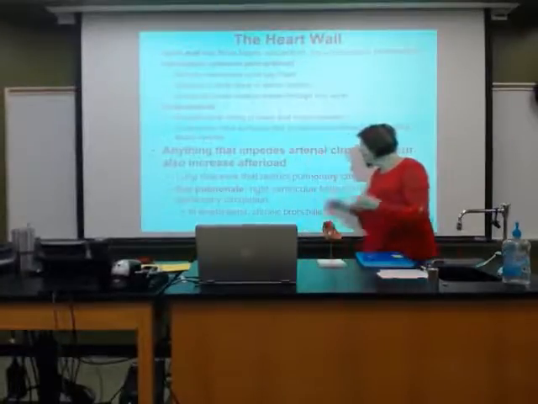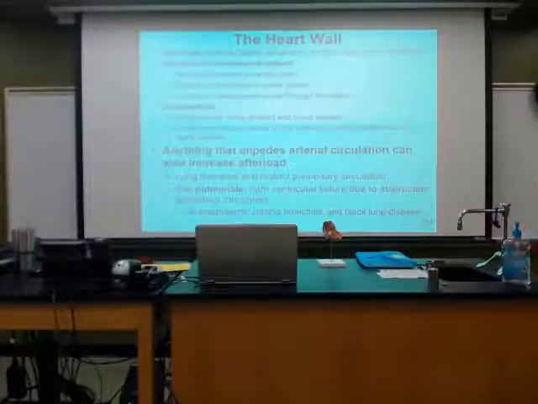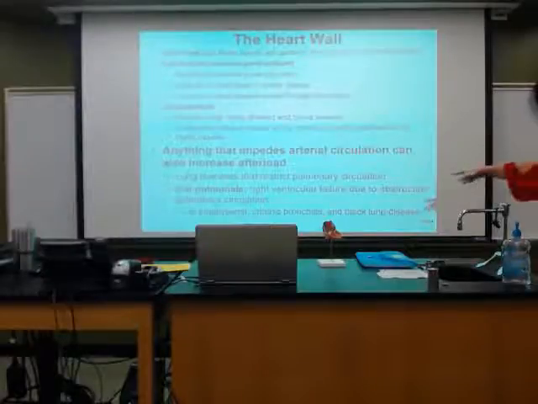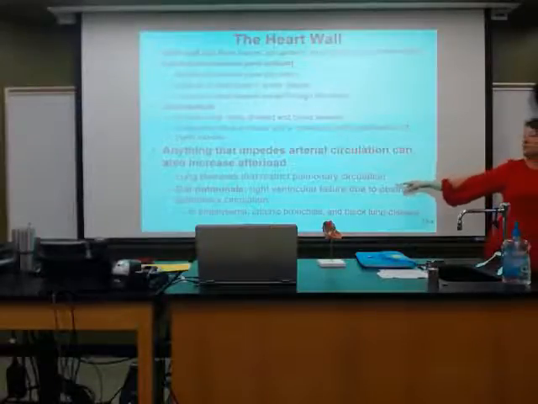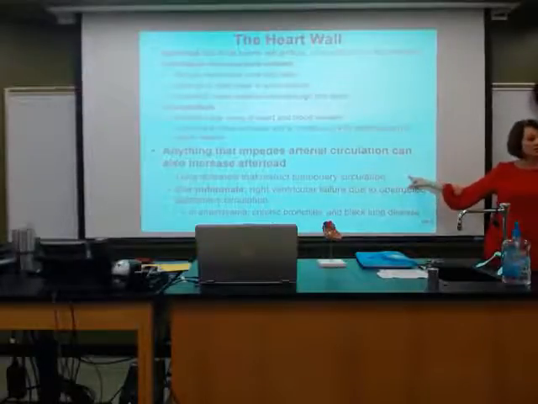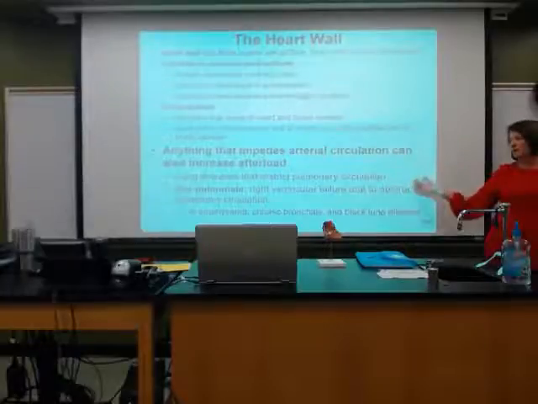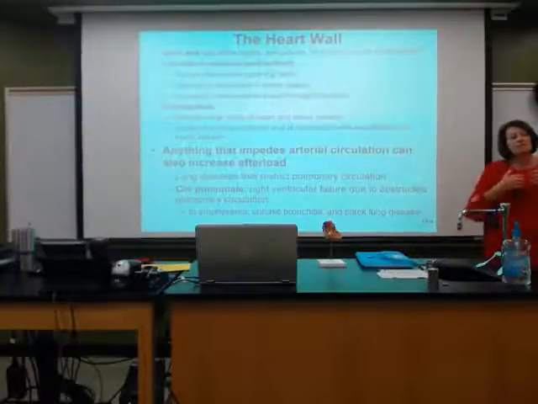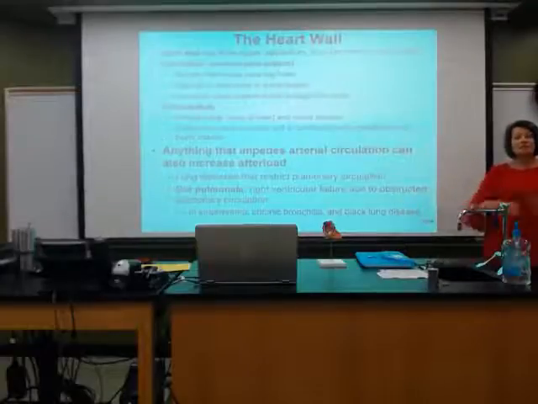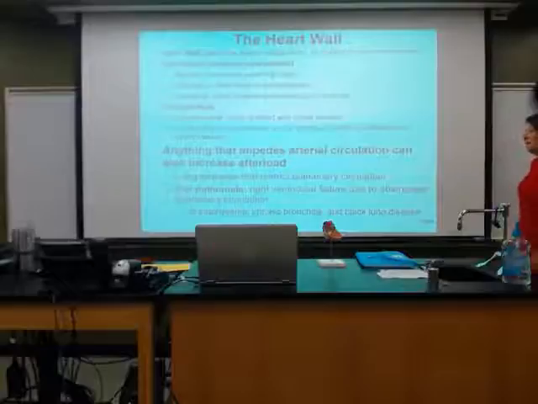Now, we're going to find out that there's a close connection between the respiratory system and the cardiac system. Anything that is going to affect the respiratory system is going to affect the heart. So, lung diseases are going to actually affect the circulation of the blood in our bodies.